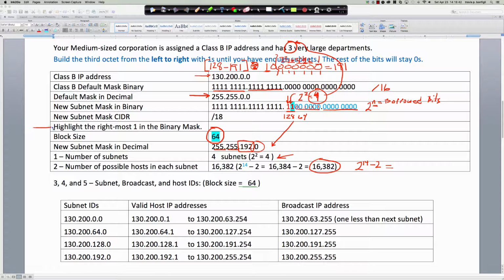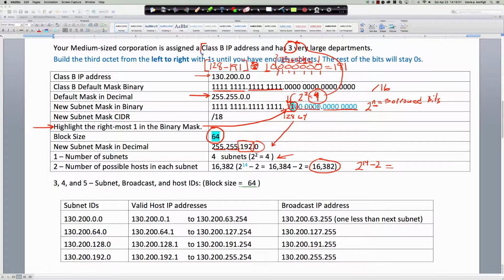And so that is this step right here. Highlight the rightmost one in the binary bit mask. And so it's that value right there. That is your block size. And again, remember, we've said as soon as you get the block size, it's game over.